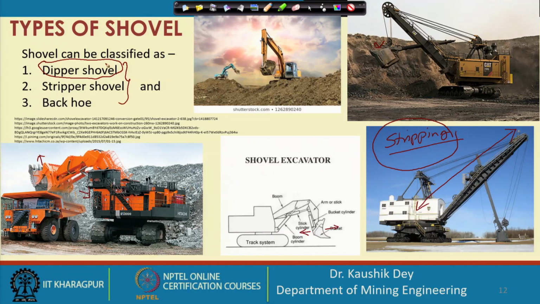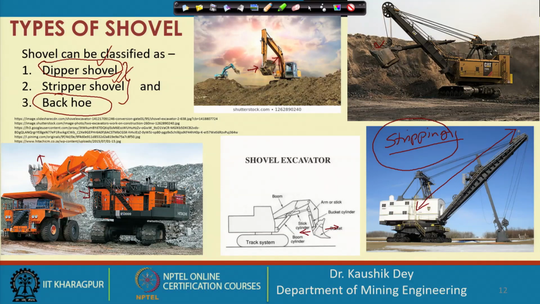So, this is a type of dipper shovel which is used for stripping, and backhoe is the excavator where the bucket position is opposite to the dipper shovel. In this case you can see the bucket opening is towards the machine; this is called a backhoe, where the bucket opens towards the direction of the machine.